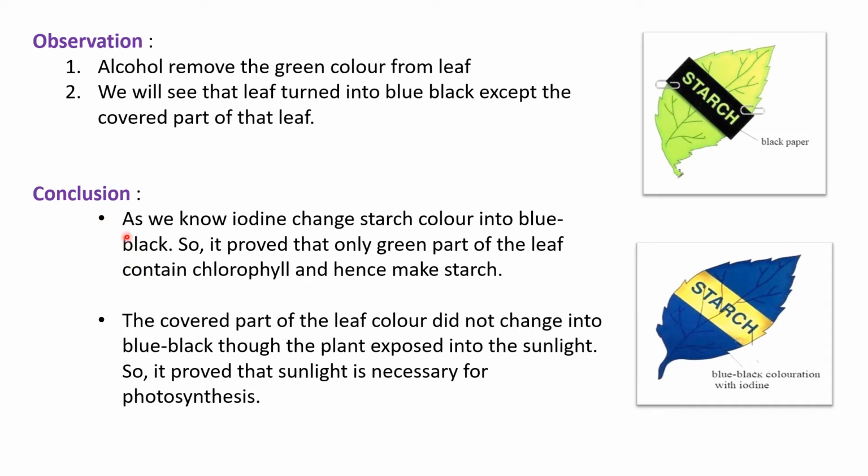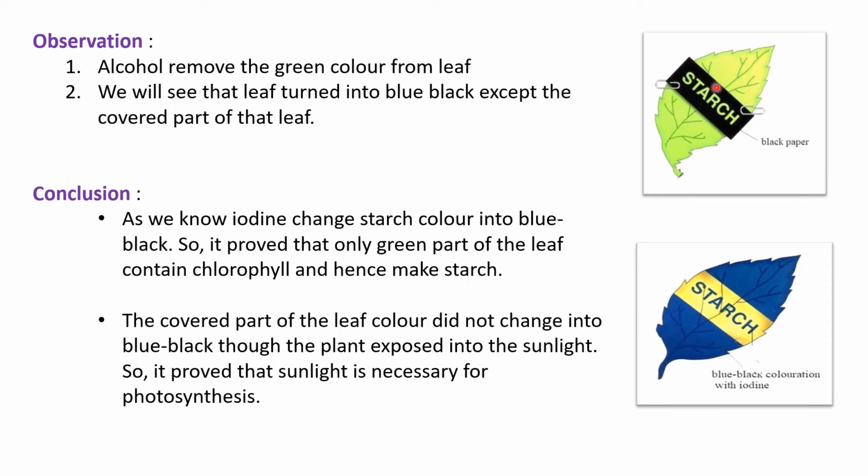So that is the conclusion. As we know, iodine changes starch color into blue black. So it proved that only the green part of the leaf contains chlorophyll, hence makes starch.